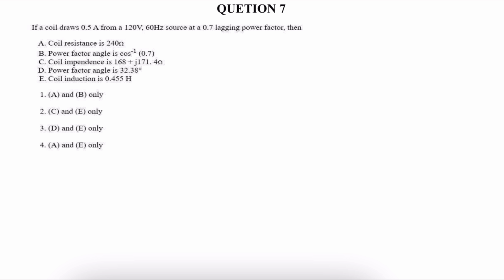A coil draws 0.5 ampere current from a 120 volt source operating at 60 Hz at 0.7 lagging power factor. So they have given lagging power factor. Lagging means current lags behind applied voltage.